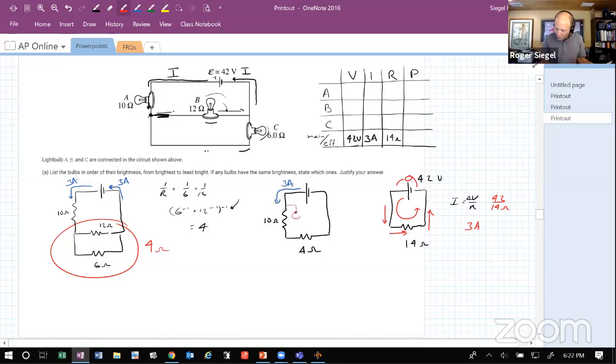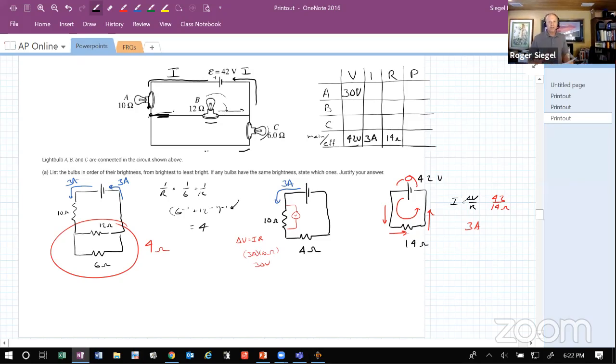Remember, voltage drop is between 2 points. And I know that Ohm's law says delta V is equal to IR. So if I've got 3 amperes and 10 ohms, that's 3 amps times 10 ohms. That gives me 30 volts, a 30 volt drop. All right, I'm going to put that in here. And that's my voltage drop across 10 ohms A. So I'm going to put 30 volts.